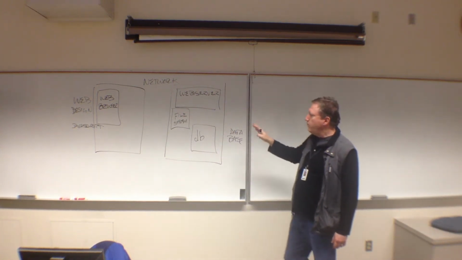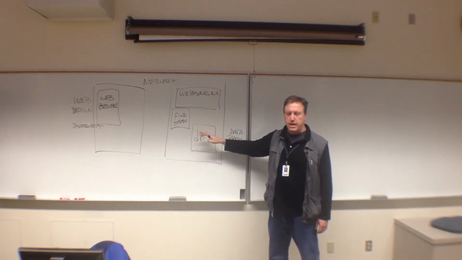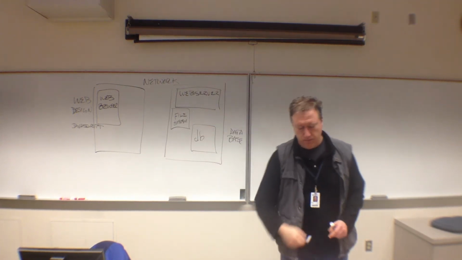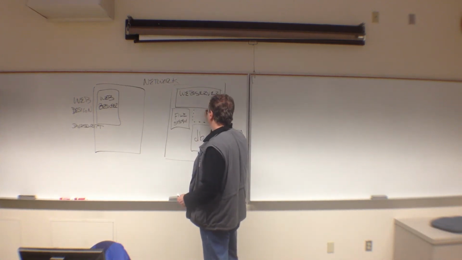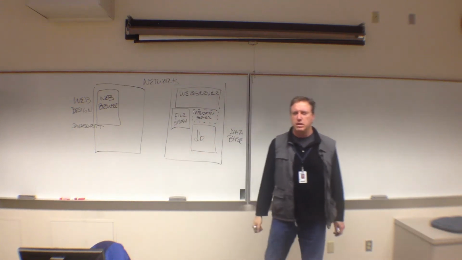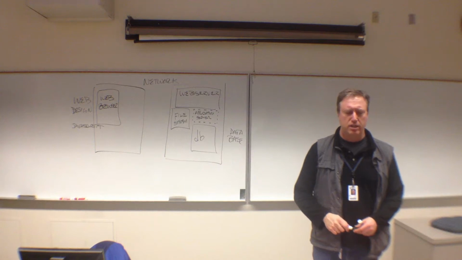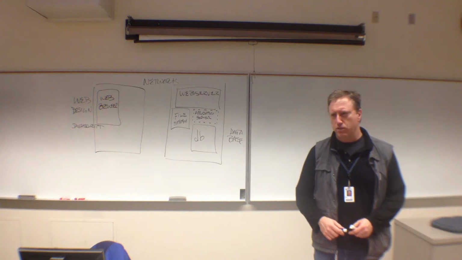Unfortunately, in order to do this on the web, there's typically a piece here that some people call an application server. Things like Cold Fusion, things like Tomcat, which is a Java-based engine, things like Ruby on Rails or PHP frameworks, or that sort of thing.